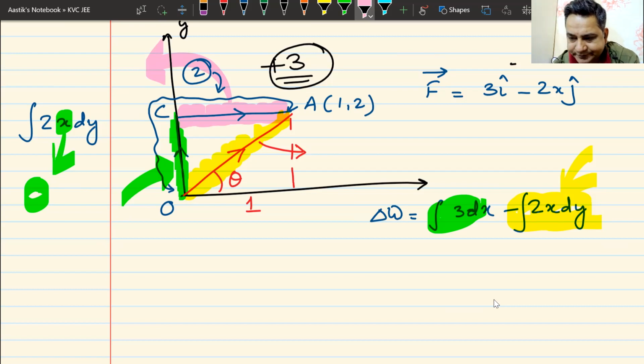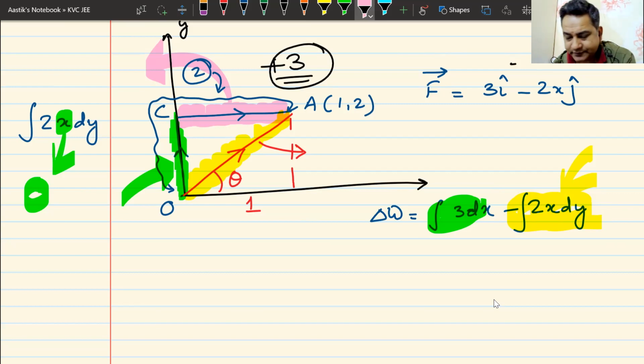What mistake did I make? Tell me. Y is changing from 0 to 2. In which path, beta? O to C. C to A, y is changing from 0 to 2.